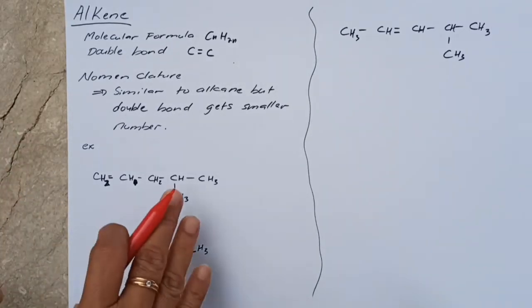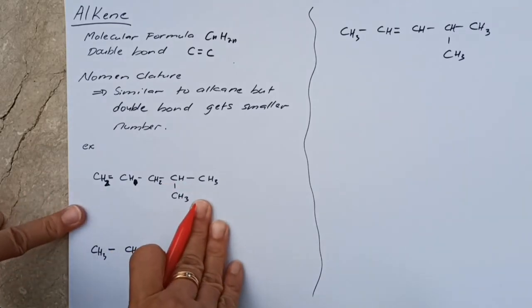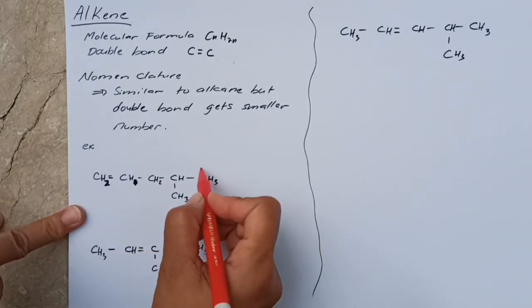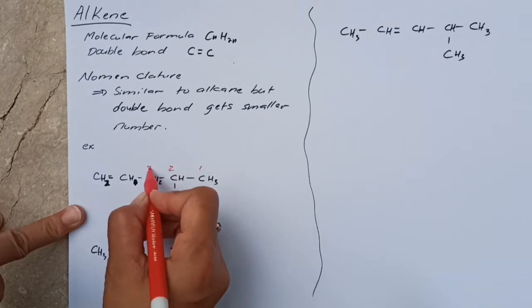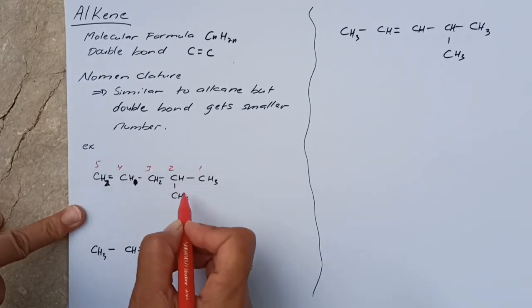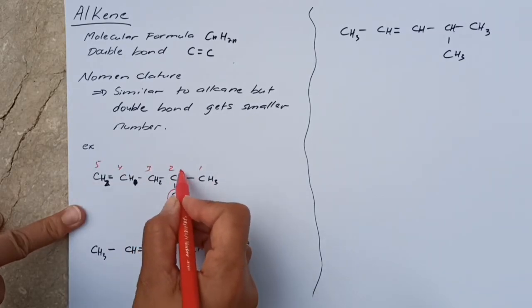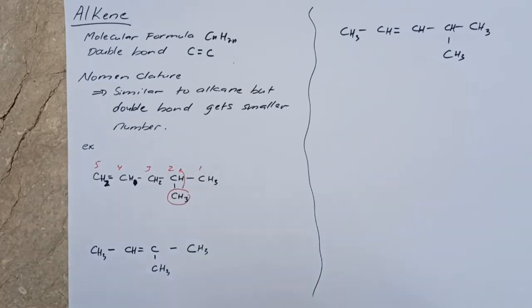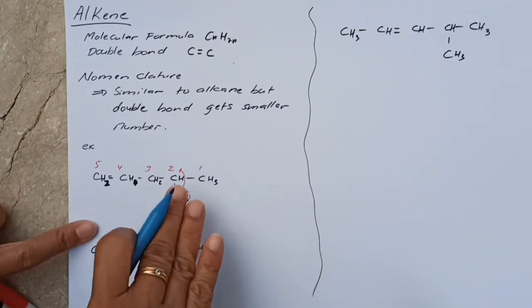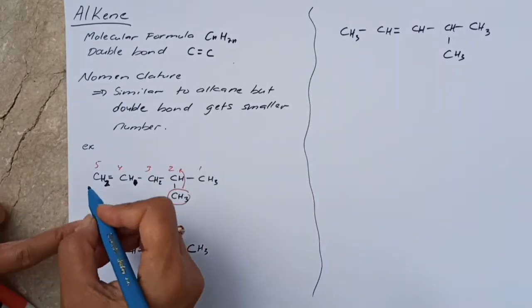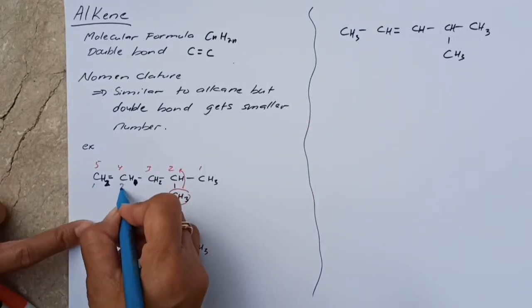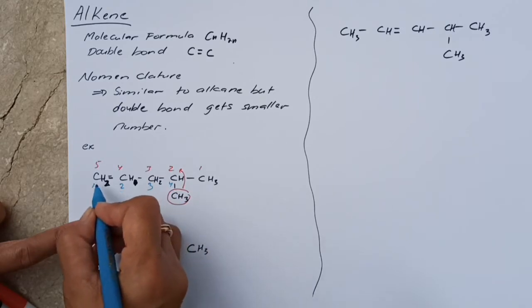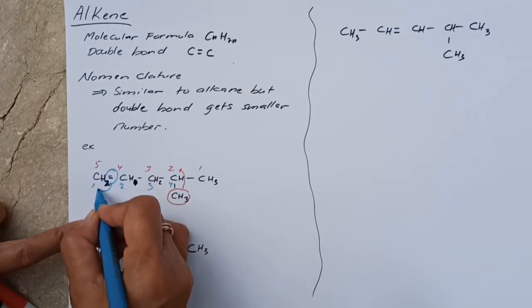If we are basing it on alkane, you're going to calculate starting from here: 1, 2, 3, 4, 5, because the branch will have the smaller number here. However, since this is alkene, the double bond has stronger influence than the branch. So you're not going to calculate from the right. You're going to calculate from the left. 1, 2, 3, 4.